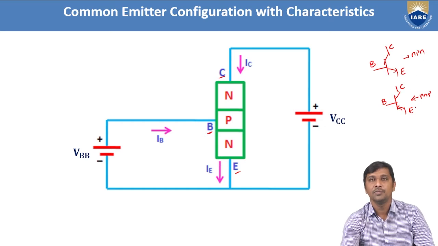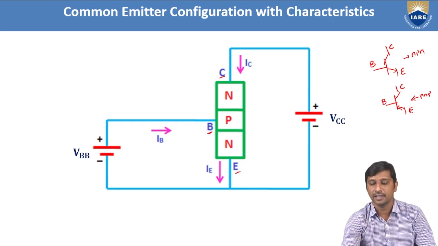In the PNP transistor, the current flow direction is towards the inside of the region, because at the emitter side the majority charge carriers are holes. The hole direction and the current flow direction are the same, but in general the electron flow and the conventional current flow directions are opposite. So in an NPN transistor the current flow direction is outside the region, and in a PNP transistor it is inside the region.